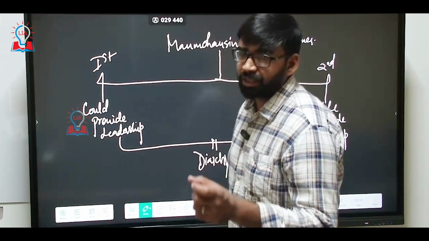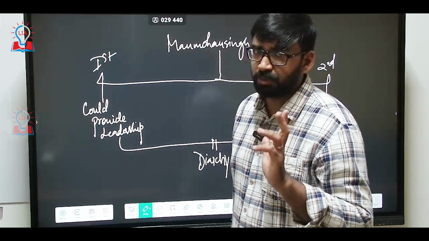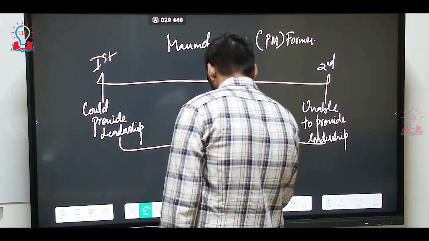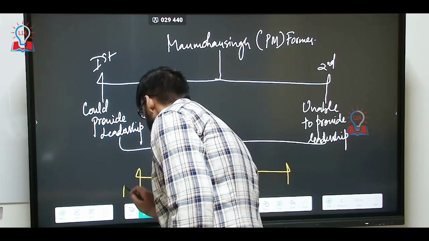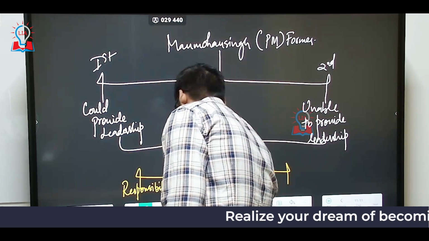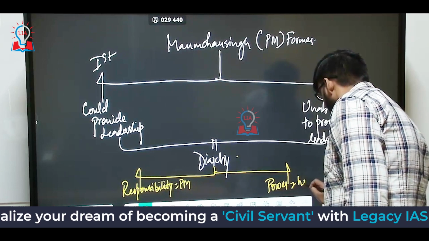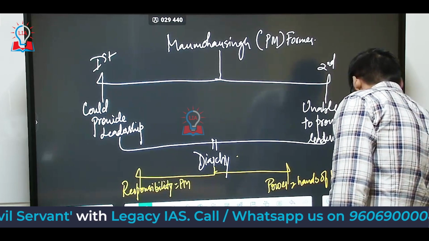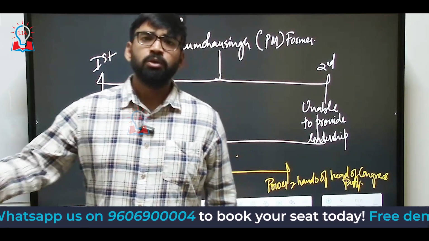That means responsibility was in the hands of PM and power was in the hands of the head of Congress party. This much is clear to all of you.